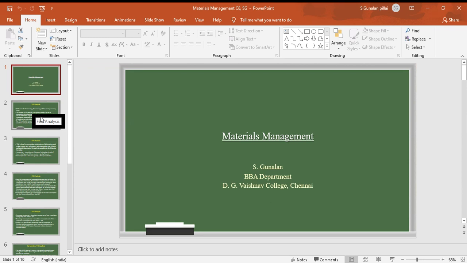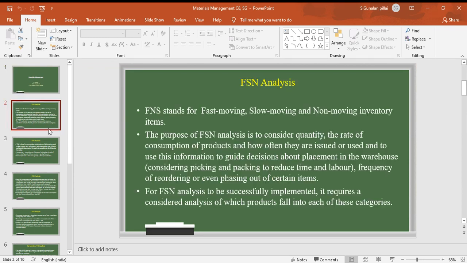Further, we are going to learn about another technique of material management, which is FSN analysis. Earlier we saw the ABC analysis, now FSN. FSN stands for fast moving, slow moving, and non moving inventory items, which is again similar to the ABC analysis.